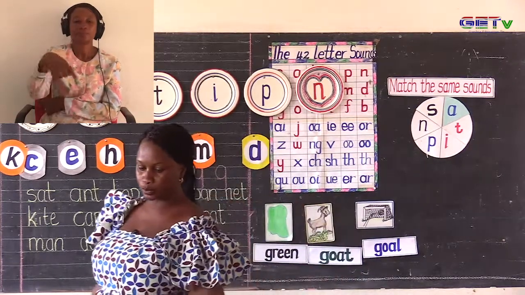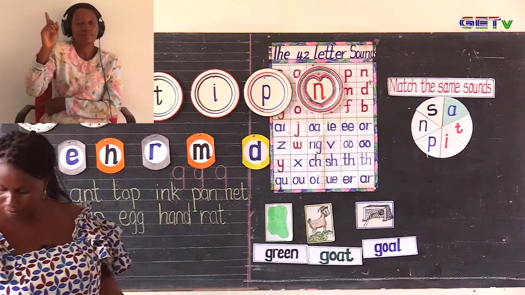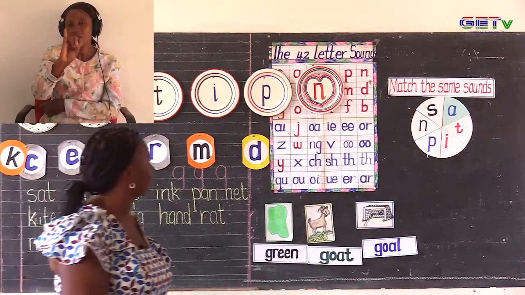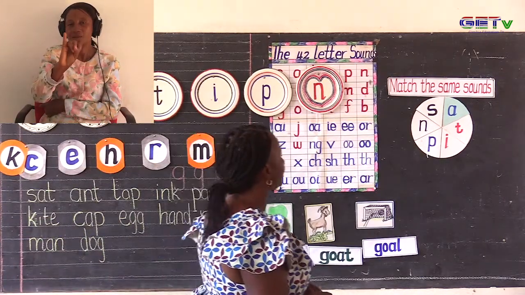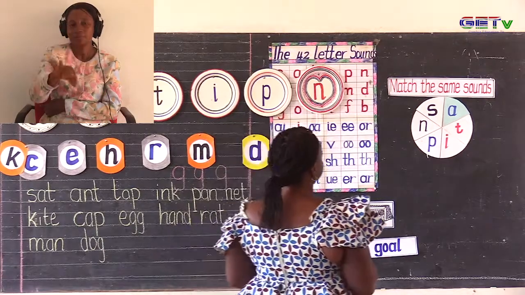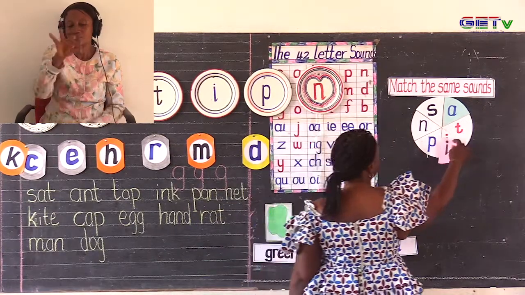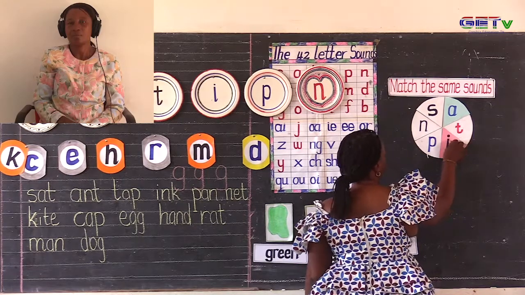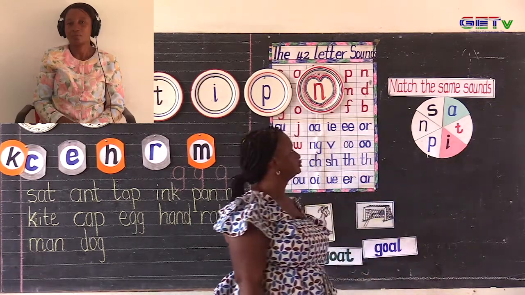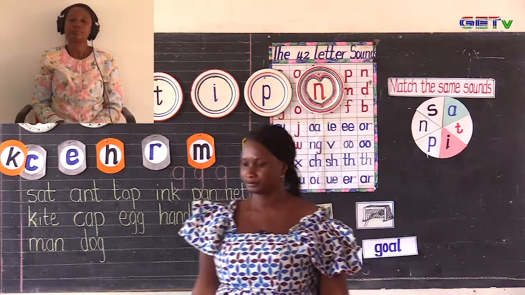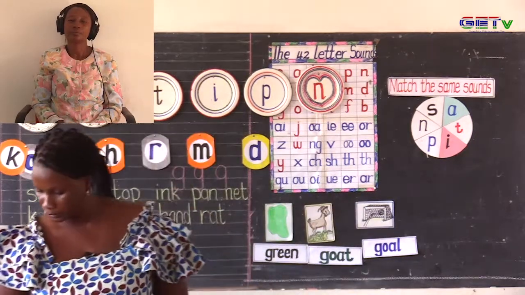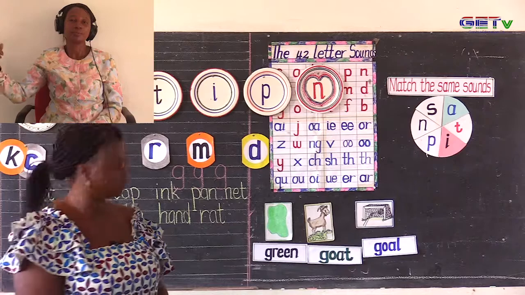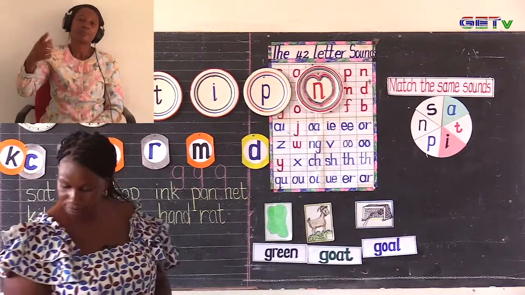And then the next sound is what? I. Where are we going to place I? We're going to place it here. And then the other sound. What is the next sound?